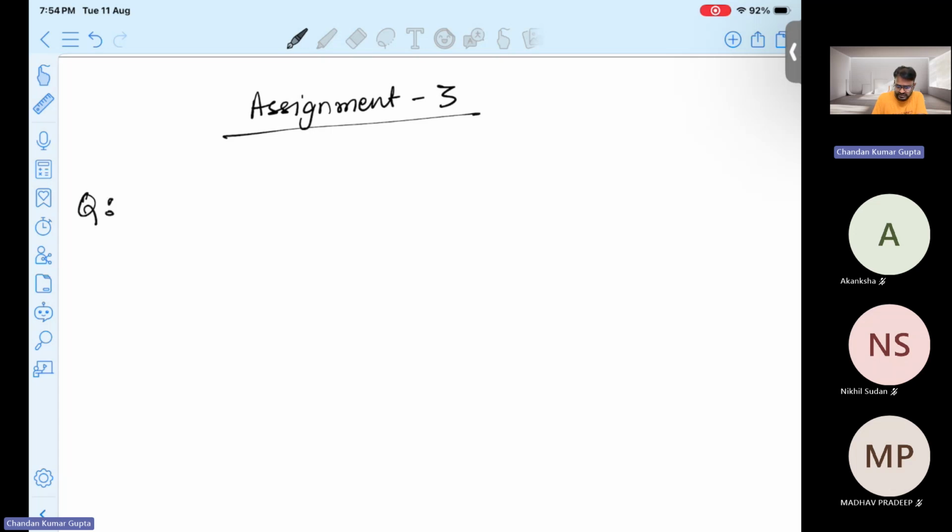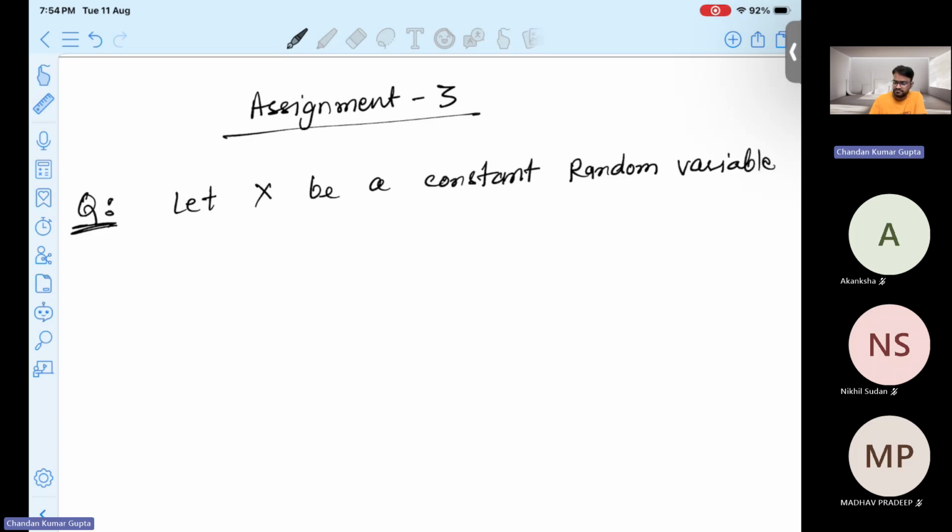Our question will be: let X be a constant random variable.